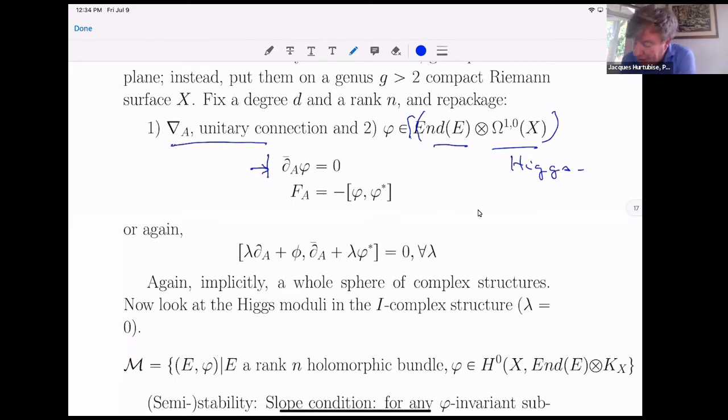And there's a second equation, which is that the curvature of the connection is minus the commutator of phi with its Hermitian conjugate.